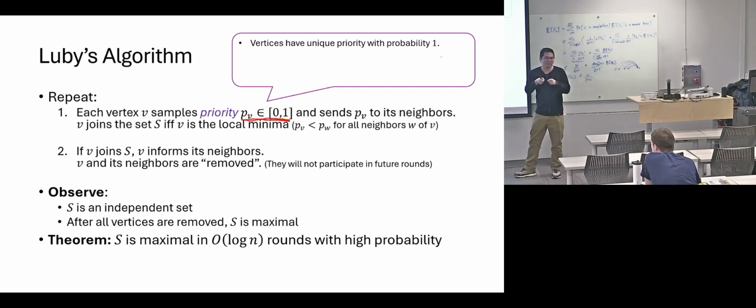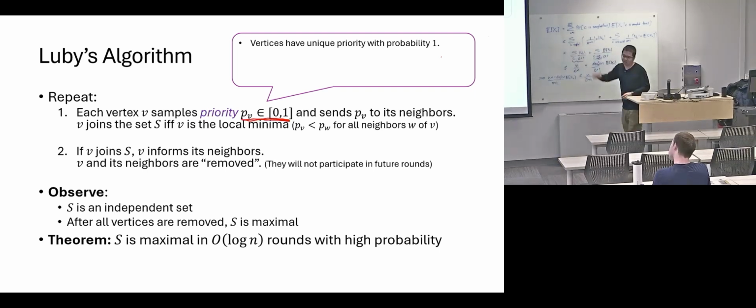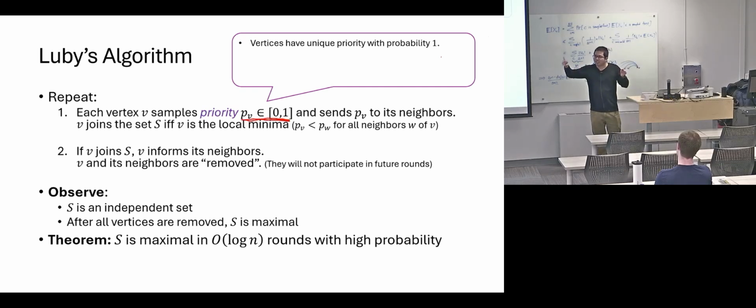Because if you sample from real numbers, there's no chance to collide. That's all I want. And once you have unique priorities, it defines an ordering of vertices, because no priorities collide. So from the priorities, you can order vertices.